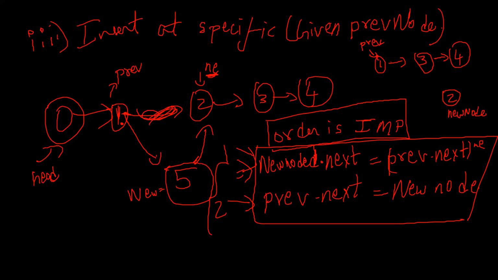The only link saving the rest of the list is previous dot next. The moment I change it to the new node, I lose track of it. So first I put new node's next to previous dot next, so that even if I change previous dot next to the new node, the rest is saved.